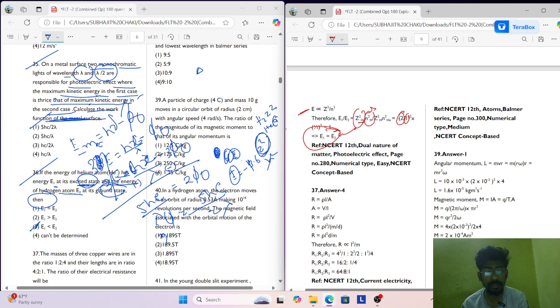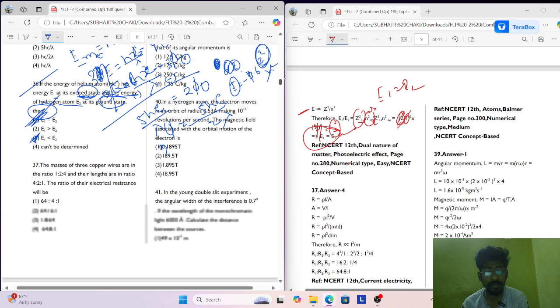For hydrogen, this is ground state 1. For helium, this is the excited state, meaning 2, the second state. So both will cancel out, so it will be 1. Therefore E1 will be equal to E2. Sorry, this one will be our answer, not this. Pardon me for my mistake.